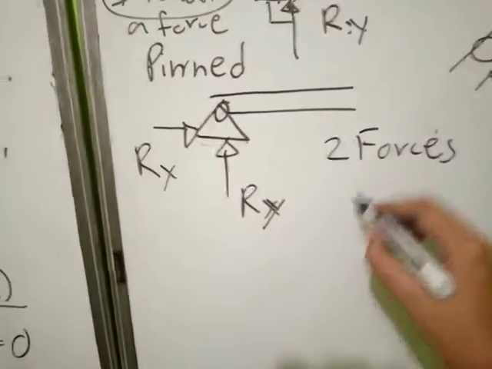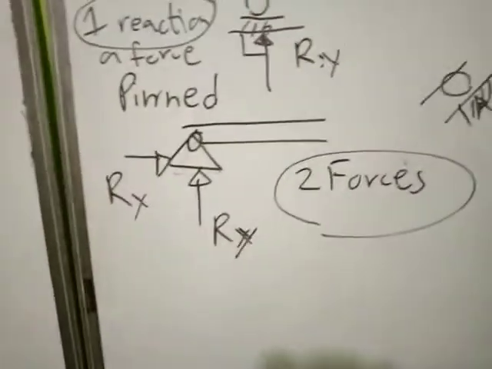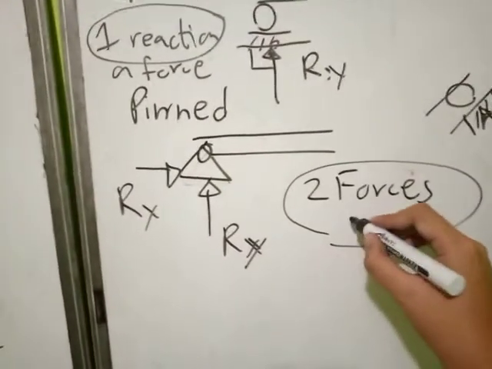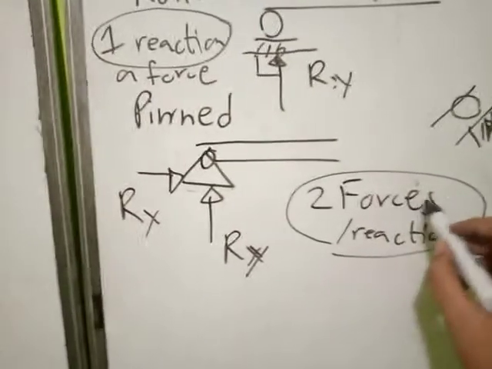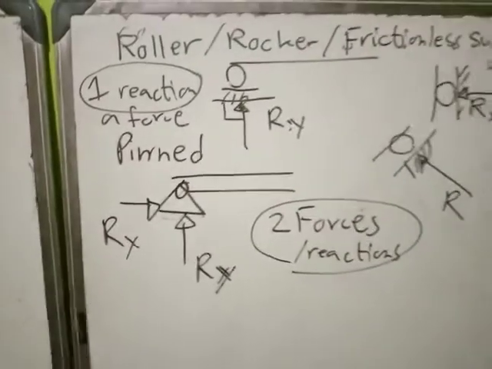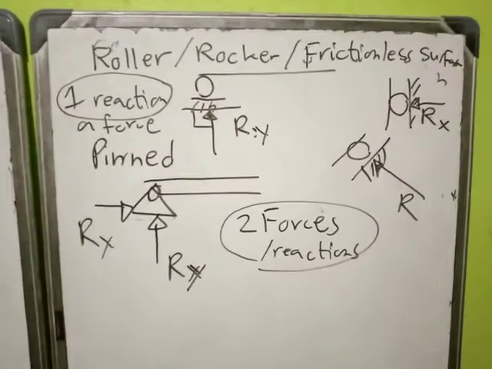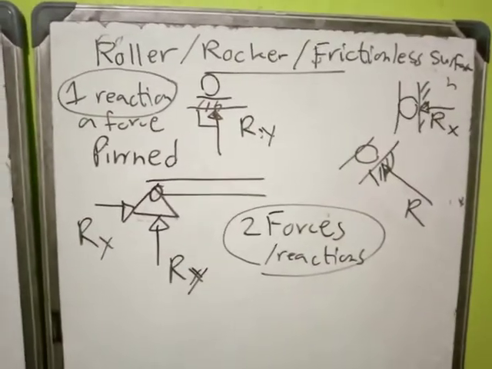So the pin has two forces or two reactions, mainly forces. The rocker, roller and frictionless surface have one reaction only.